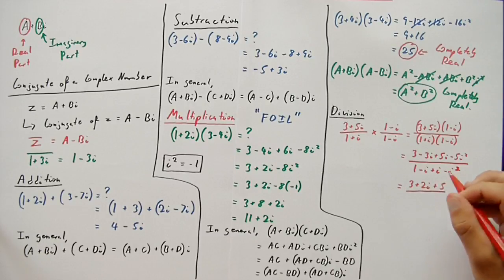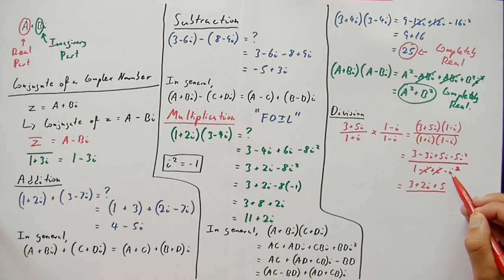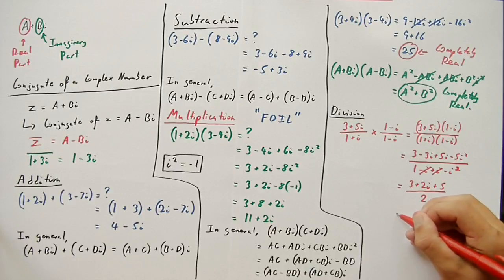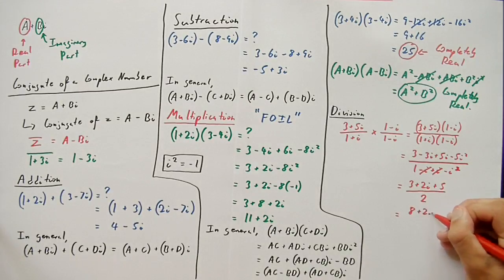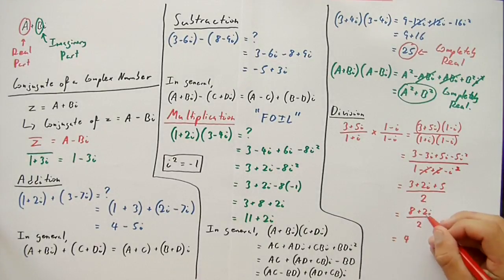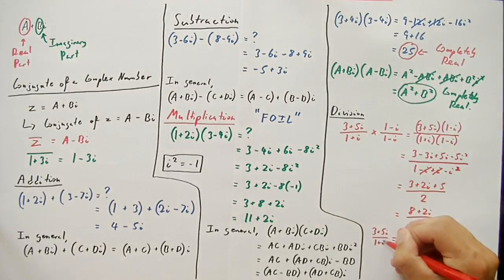On the bottom we've got a minus i and an i, which cancel out, and this minus i squared is just going to become 1. So we have 1 plus 1, which is just 2. Now 3 plus 5 is 8, so we've got 8 plus 2i divided by 2. 8 divided by 2 is 4, and 2i divided by 2 is i. So our answer is 4 plus i.